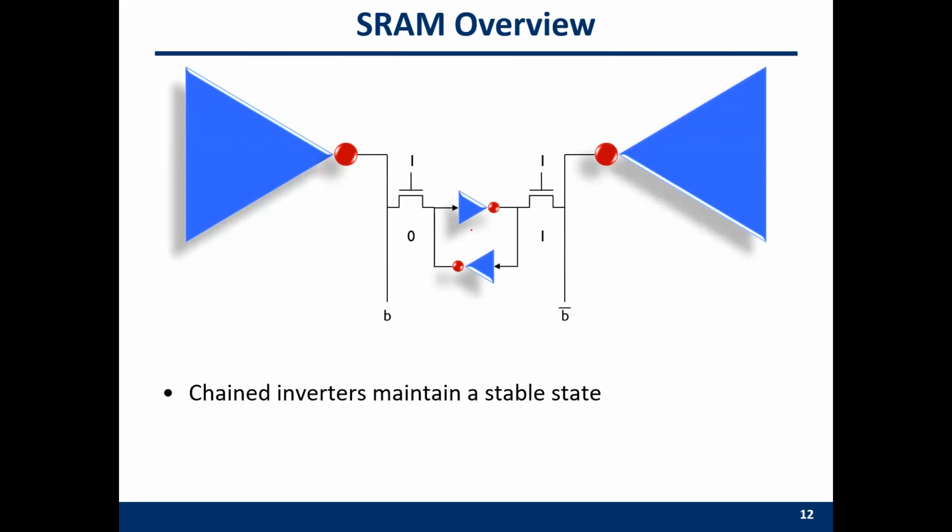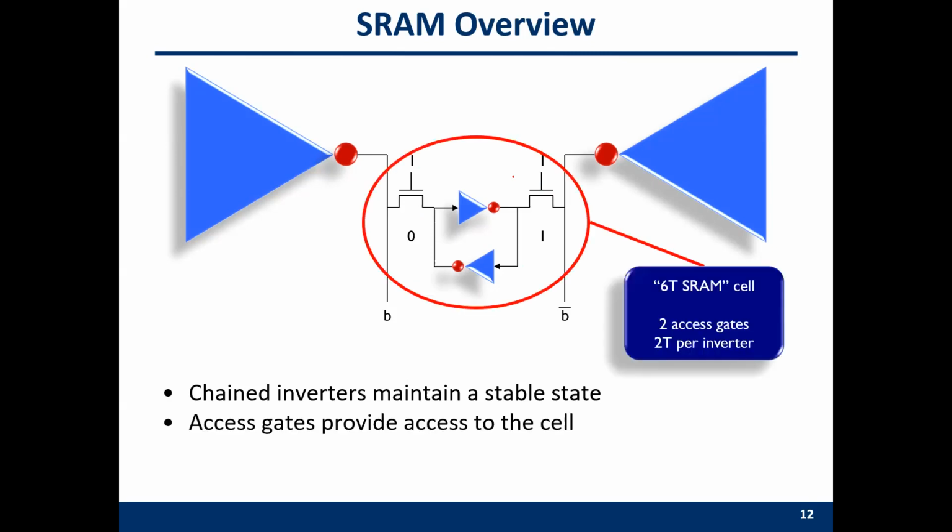Each inverter has two transistors, and we have two inverters here, so we have four transistors in total. We also have two control transistors. So in total we have 6 transistors in one SRAM cell. This is the so-called 6T SRAM, 6 transistor SRAM.